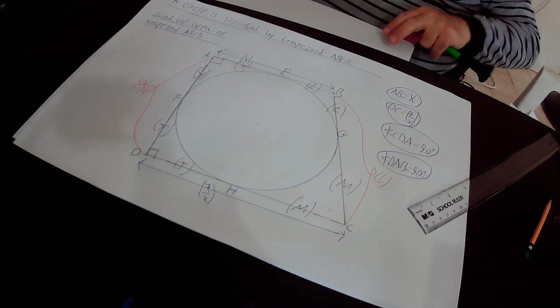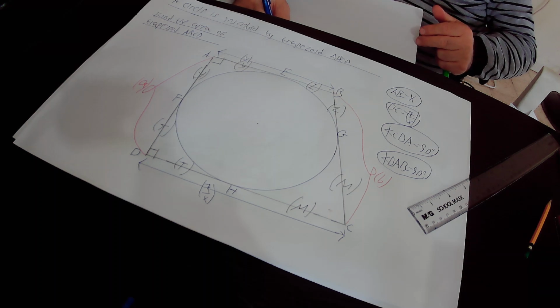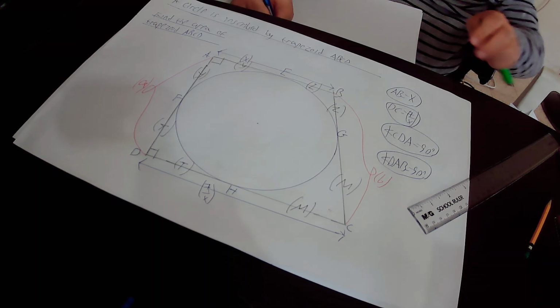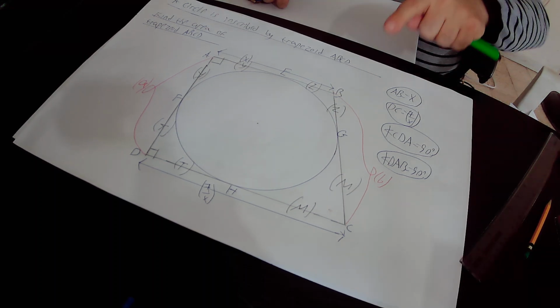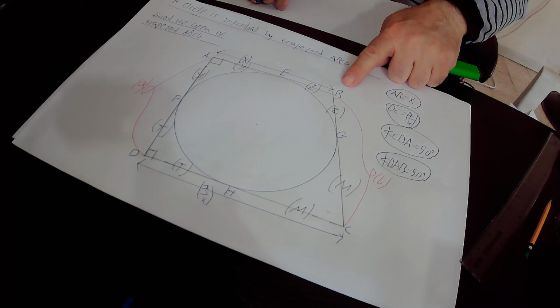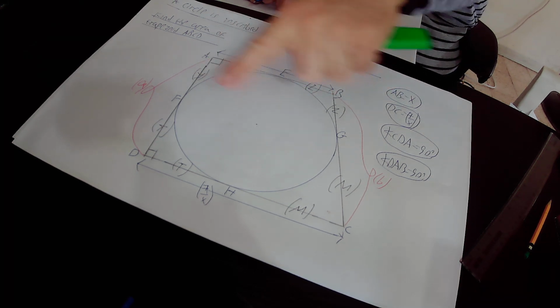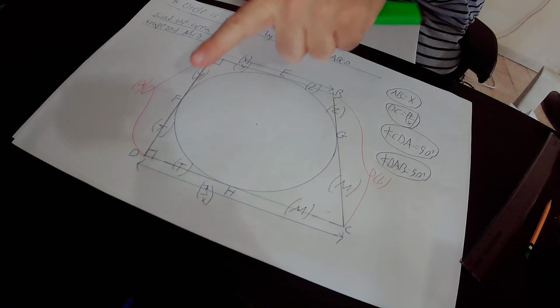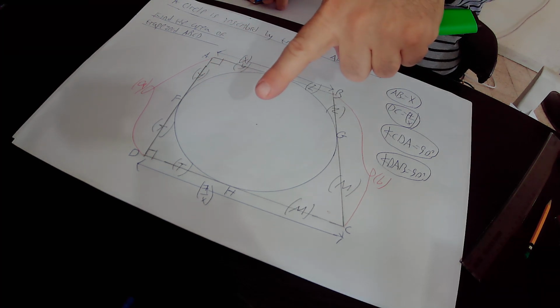In the next step, we'll do a construction. That is to say, from this point B, we will draw a perpendicular on DC.